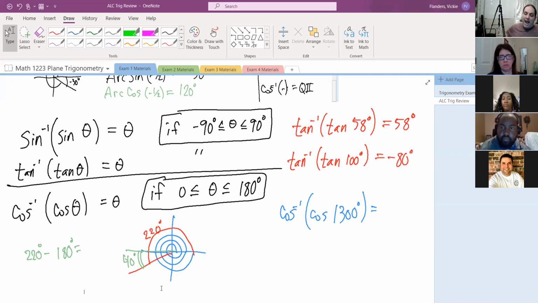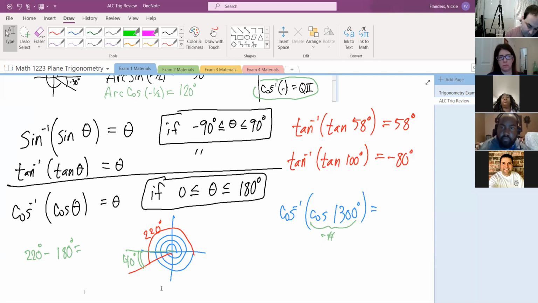Okay, so now, since I'm in quadrant 3, I know that cosine is negative, right? I know that this right here is a negative number. Okay, go back to your rules. Cosine inverse acting on a negative number gives me a quadrant 2 answer straight out.